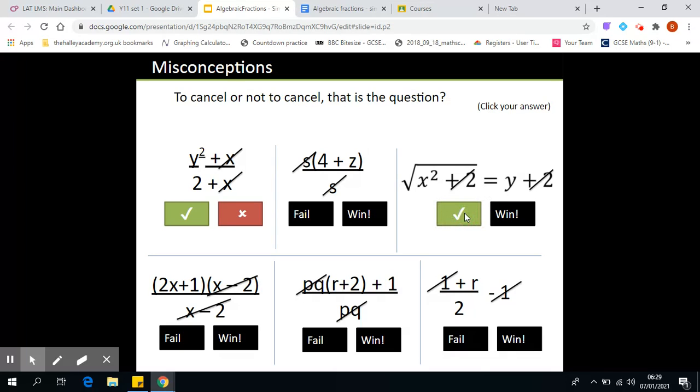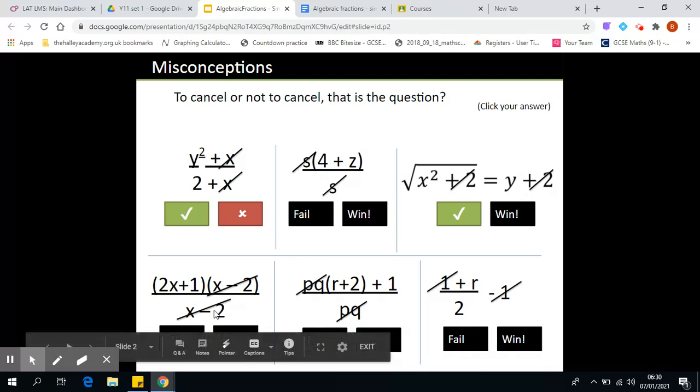So we cannot cancel the 2 on either side. In this case, x minus 2 is cancelled on both sides by dividing by x minus 2 on both sides. Hence, you can actually divide them by x minus 2, and it's the correct way of simplifying it.